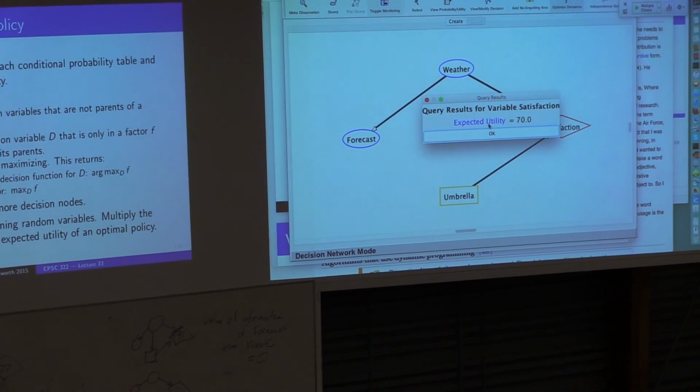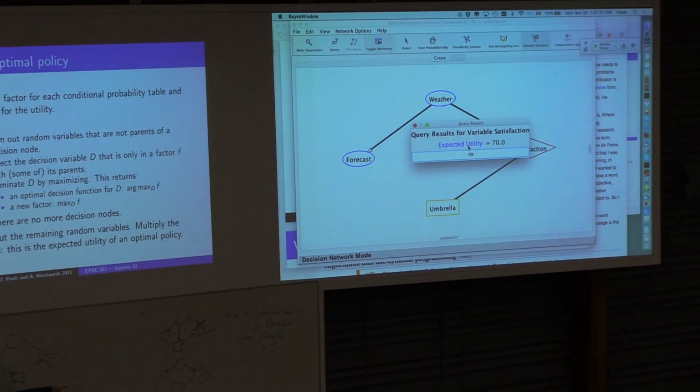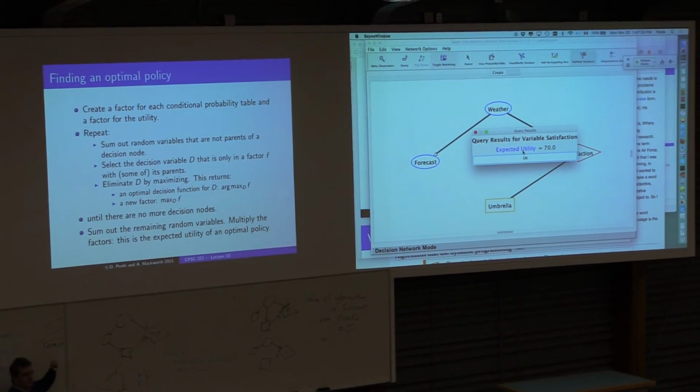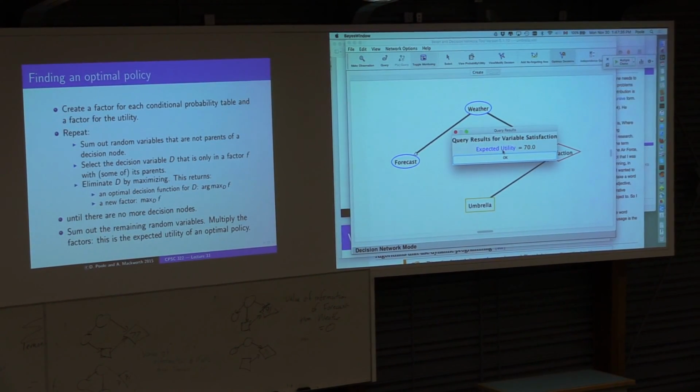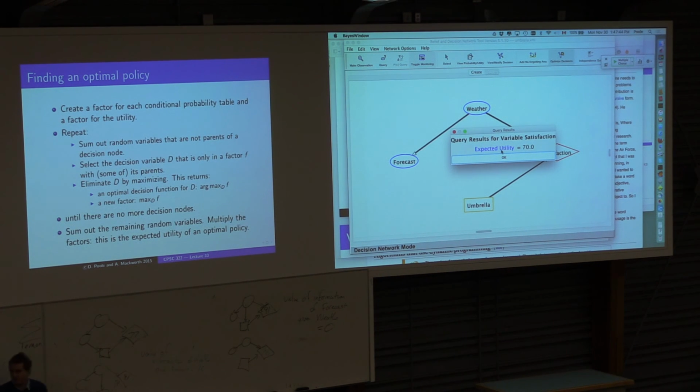And the value of the information of the forecast, if we didn't know anything, is 7. So the forecast is worth 7 to us. Right, so if you start with this one, and you get 7. So it's all talking about how much we gain if we get more information.